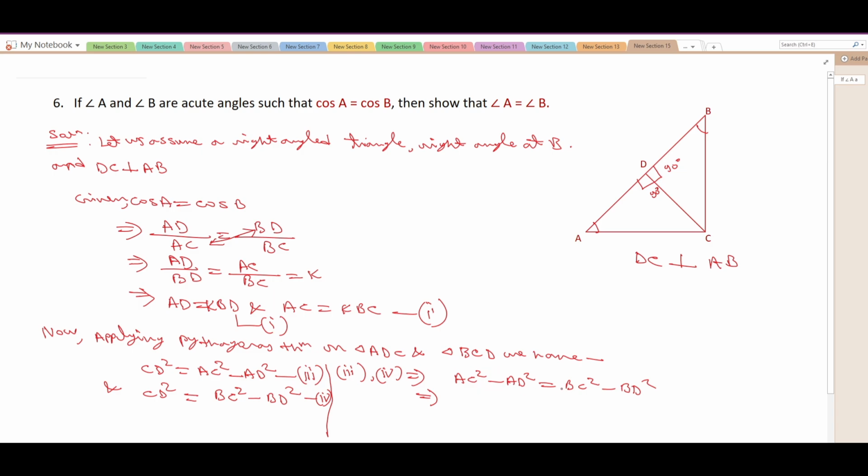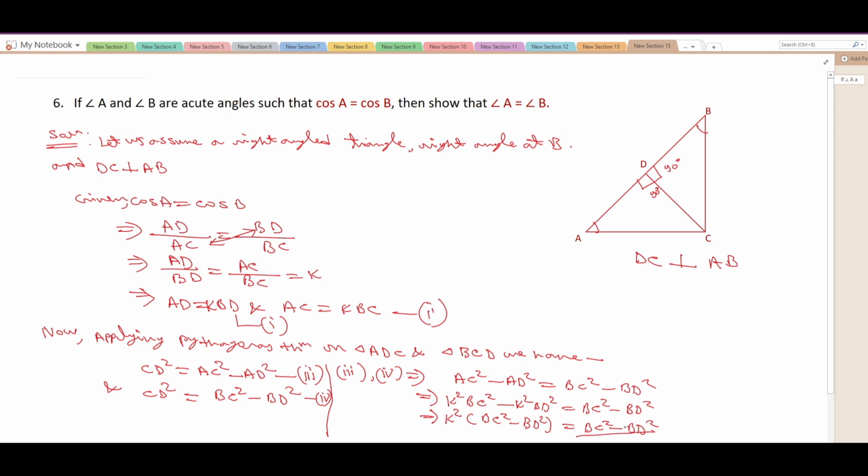Now from equation 2 we have AC square equals K square BC square, and AD square equals K square BD square. So K square BC square minus K square BD square equals BC square minus BD square.